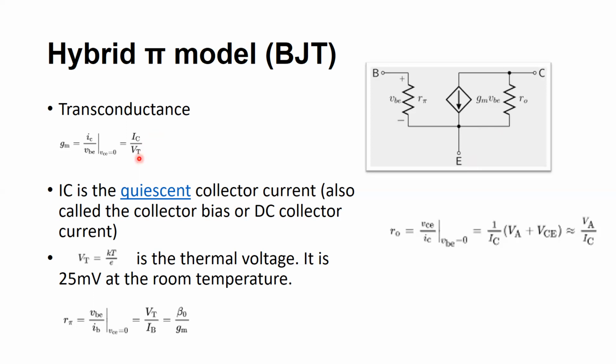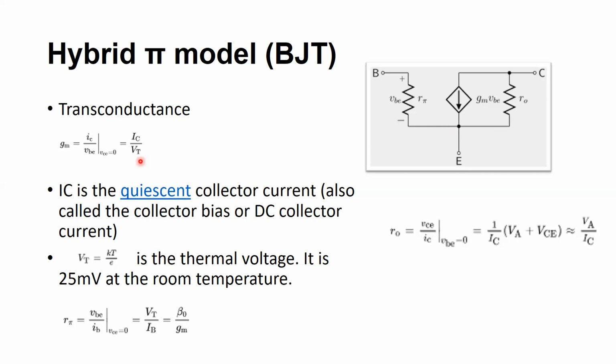Here IC is the DC bias current, or quiescent collector current, or collector bias current, and VT is called the thermal voltage. VT is given as the ratio kT over e, where k is the Boltzmann constant, T is the temperature, and e is the electron charge. At room temperature, its value is 25 millivolts.